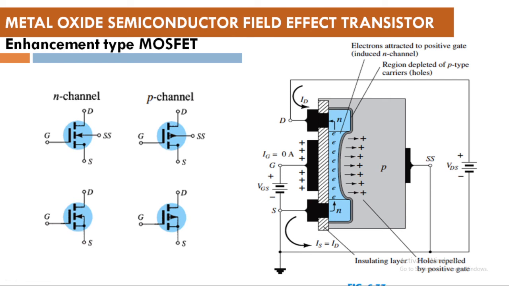If you choose an enhancement mode MOSFET for an audio amplifier, it will not work properly, it will not work at all. You will have to choose a depletion type MOSFET so that it can be used for continuous amplification.